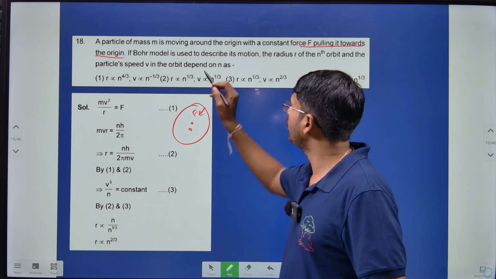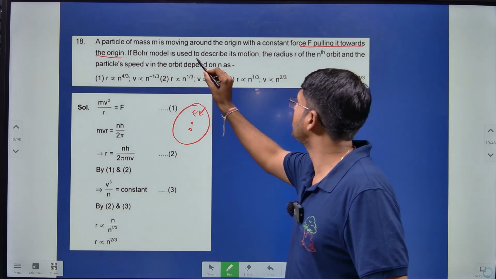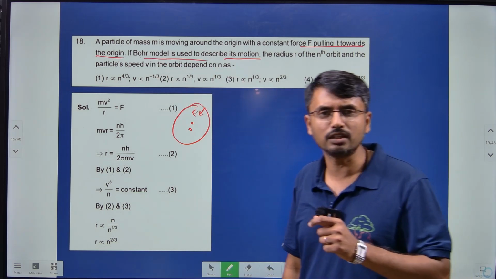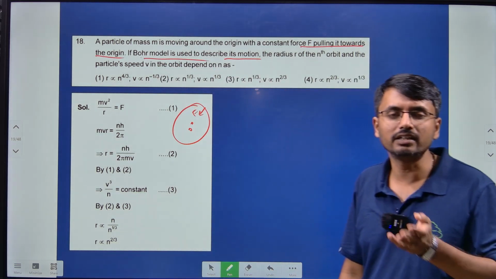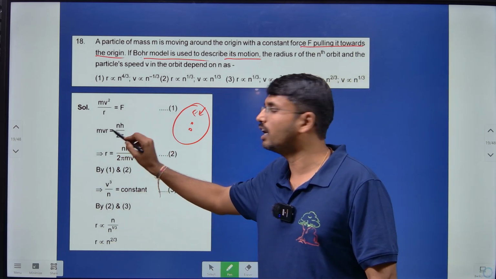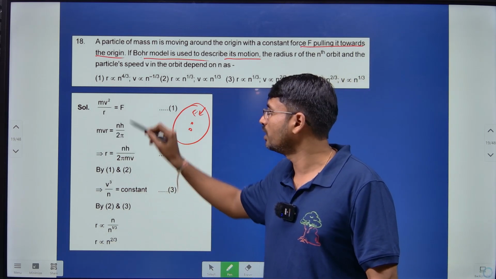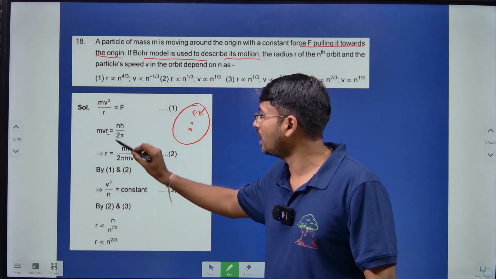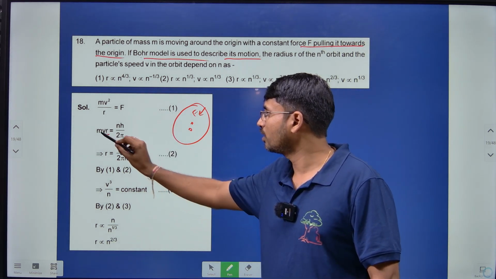Next, the Bohr model is used to describe the motion. In the Bohr model we have the assumption that angular momentum is an integral multiple of h by 2 pi. So mvr is the angular momentum, equal to nh by 2 pi. From this, r equals nh by 2 pi mv.